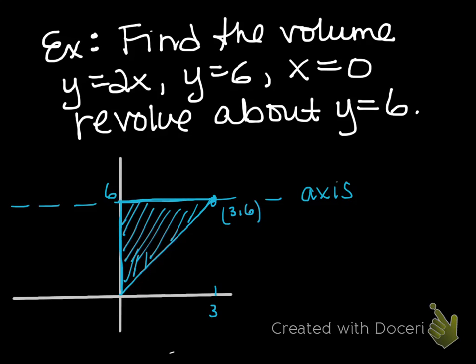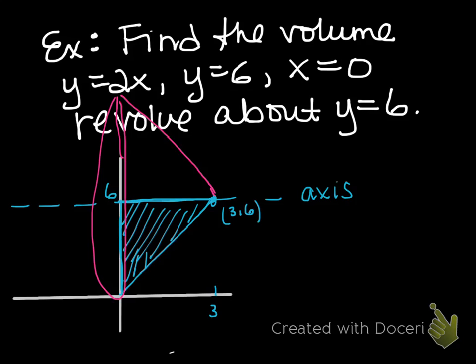Okay, so now we're going to revolve this, and we're going to get something that looks like a cone. When we go to set up our volume problem, remember you always set everything up by looking at the original shaded area.